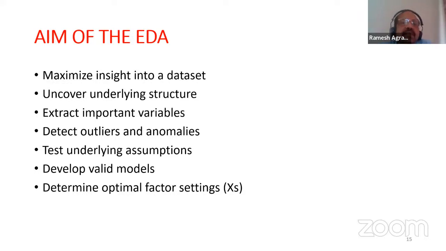Then what is another objective of exploratory data analysis? To detect outliers, anomalies. Let me give you an example of this. Let's say near your house, people are walking, talking, moving around normally. But then it is noticed that there is one person who keeps on taking rounds, and that person does not reside in your neighborhood.